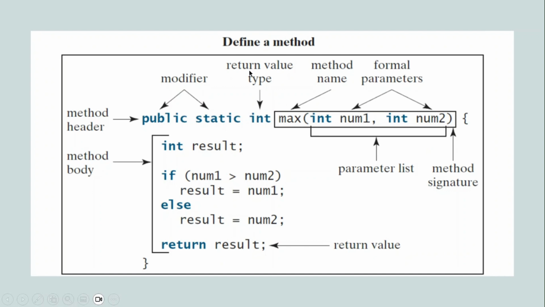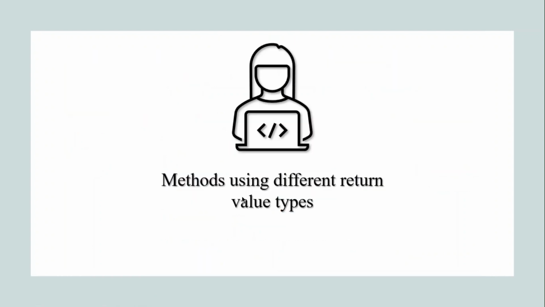As I said, the return value type is integer, then we have the method name, then the parameters of the method, curly braces, and then the body of the method, or its implementation. Inside these curly braces we will have a set of statements. Now we will learn more about methods using different return value types.